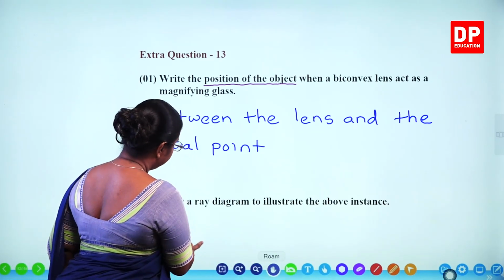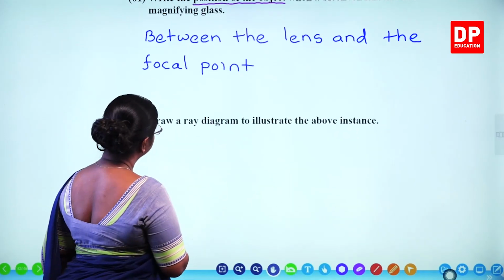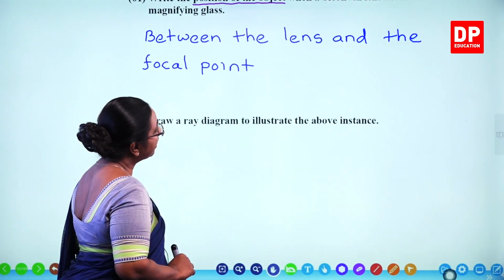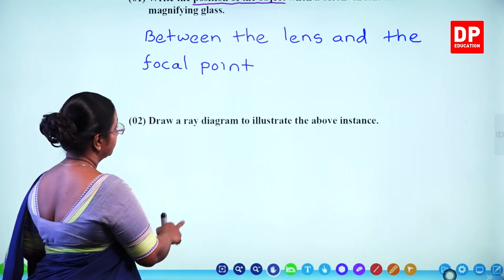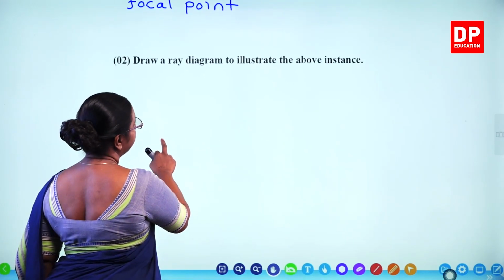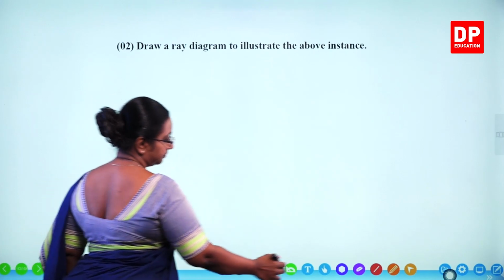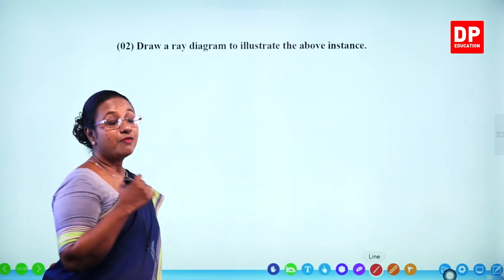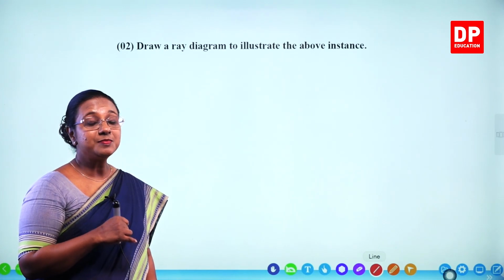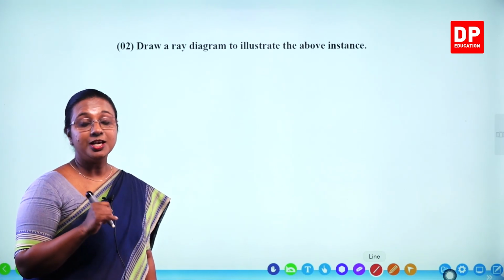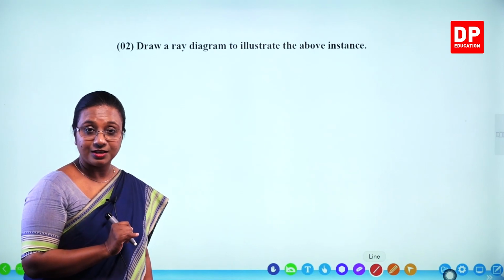So then the next question, draw a ray diagram to illustrate the above instance. So we have to draw a ray diagram. Now, you are very familiar with drawing ray diagrams. I am sure you can do it very quickly and accurately.